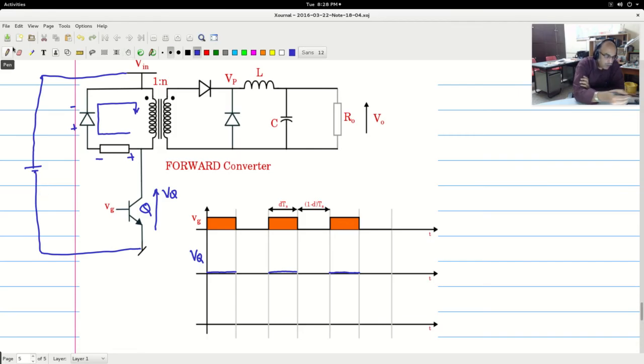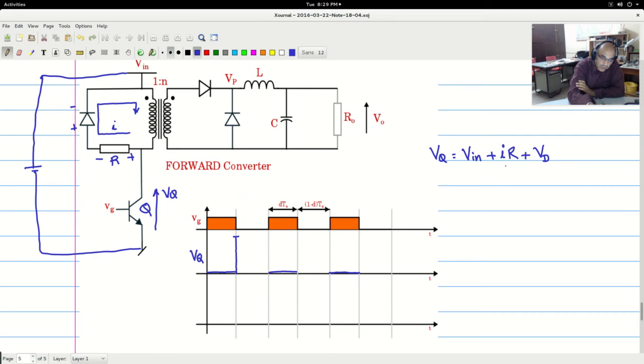So what actually will be VQ during the off state would be Vin plus IR drop, whatever is the current I that flows through here, and let's say this is R, plus VD, the diode on state drop. So that is what will come here.